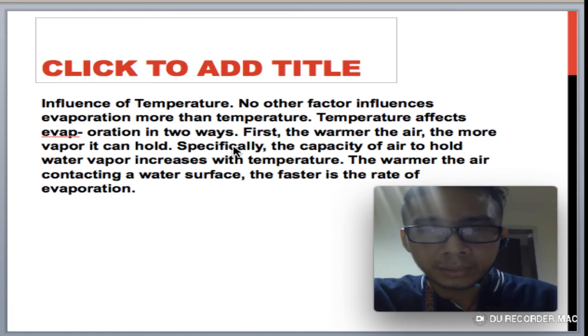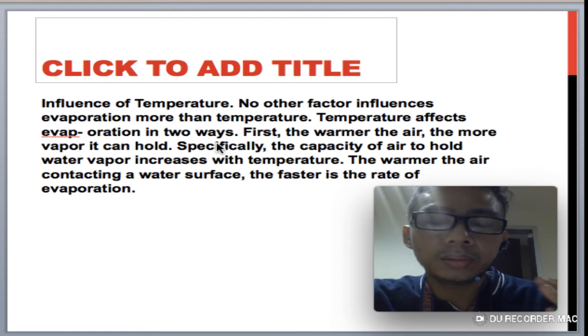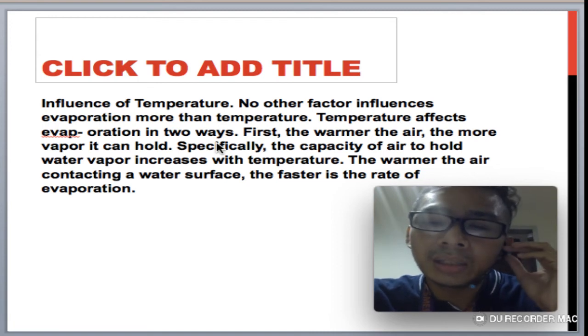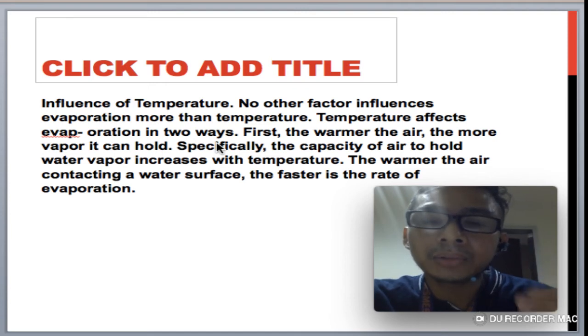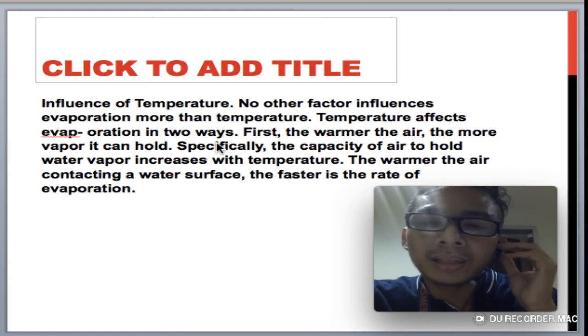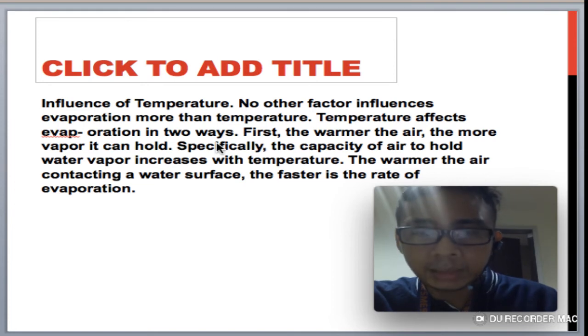We need to substitute or maintain this artificially during clinical scenarios. Since we use an artificial airway, your nose is bypassed, so the patient cannot humidify the air coming to his lungs. That is the science of respiratory therapy.